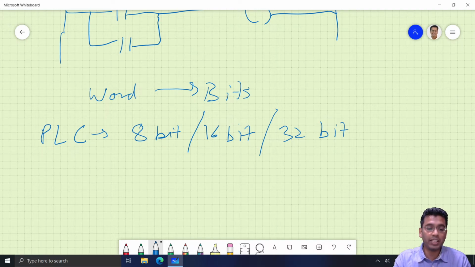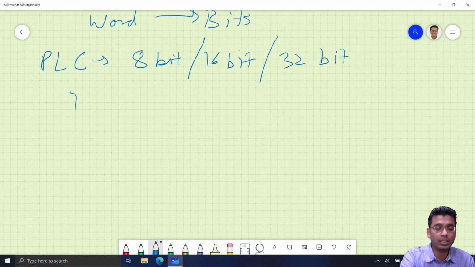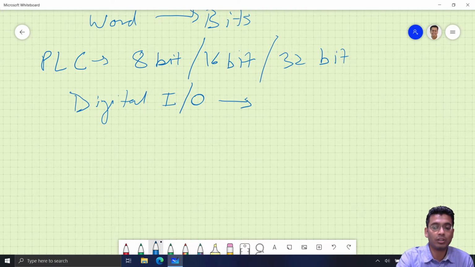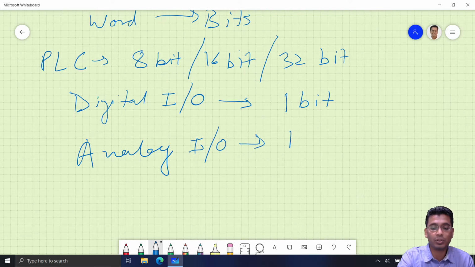Now, if it is an 8-bit PLC, you should remember one thing: all your digital input and output requires how much space? 1 bit of space. And all your analog input and output requires 1 word of space.